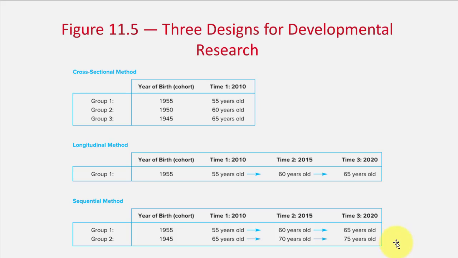So we're getting a spread of 20 years of data consolidated into only 10. That allows us to get a lot more information out of it than we would otherwise, because we probably wouldn't be able to have a lot of people stay in a study for 20 years from 55 to 75 years old.